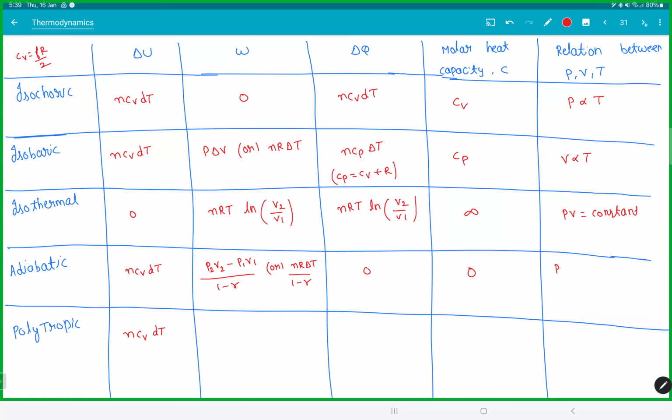This is PV to the power gamma is constant. TV to the power gamma minus 1 is constant. P to the power 1 minus gamma, T to the power gamma is constant.